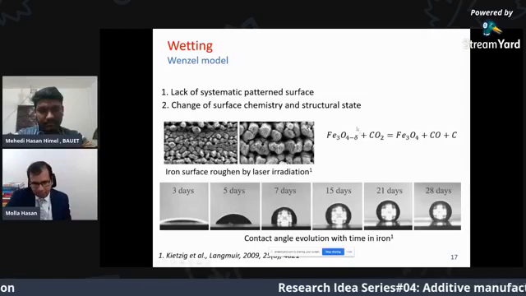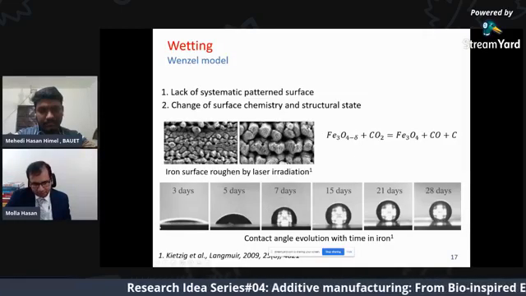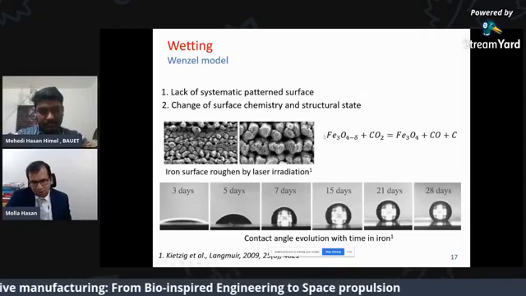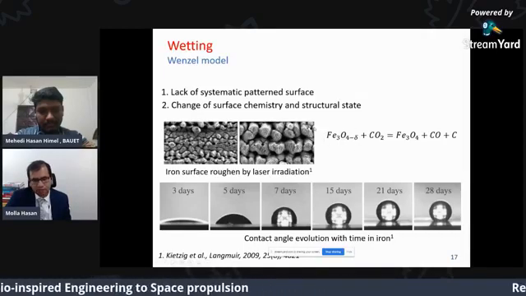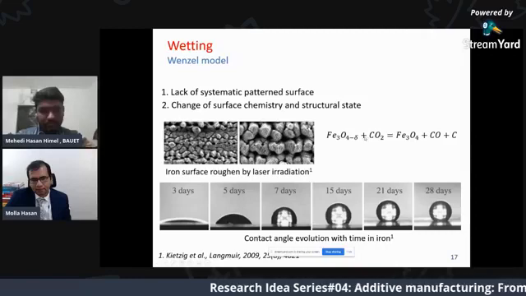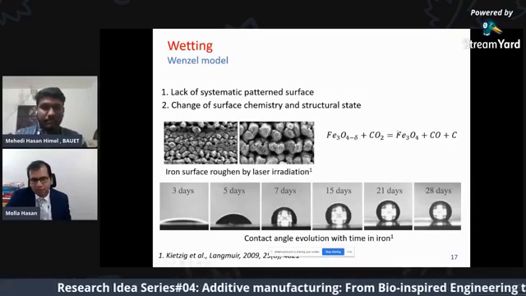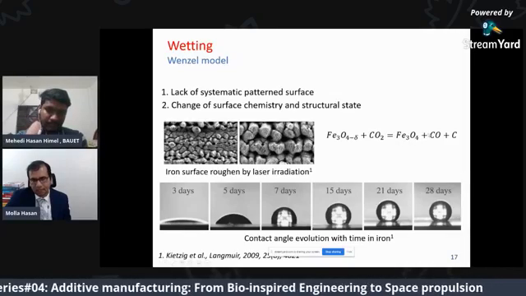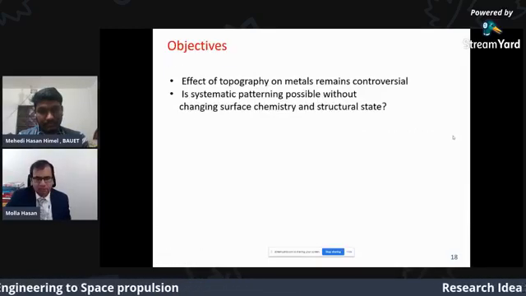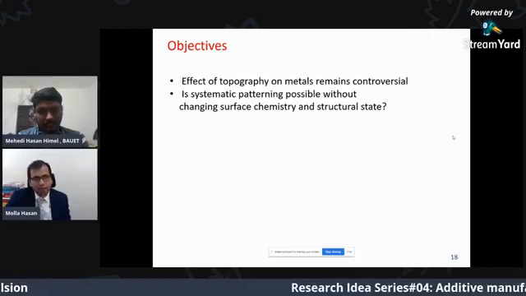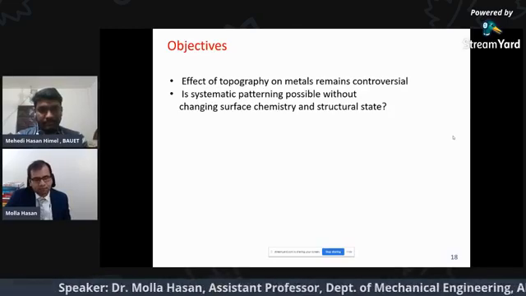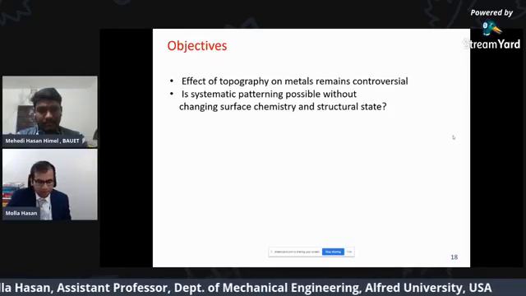It turns out that at the beginning, when the iron surface is irradiated with the laser, a non-stoichiometric iron oxide develops. Over time this non-stoichiometric iron oxide reacts with atmospheric carbon dioxide and turns into a stoichiometric iron oxide and leaves carbon on the surface. And this carbon is hydrophobic in nature, and that's why the entire surface wettability switches from hydrophilic to hydrophobic.